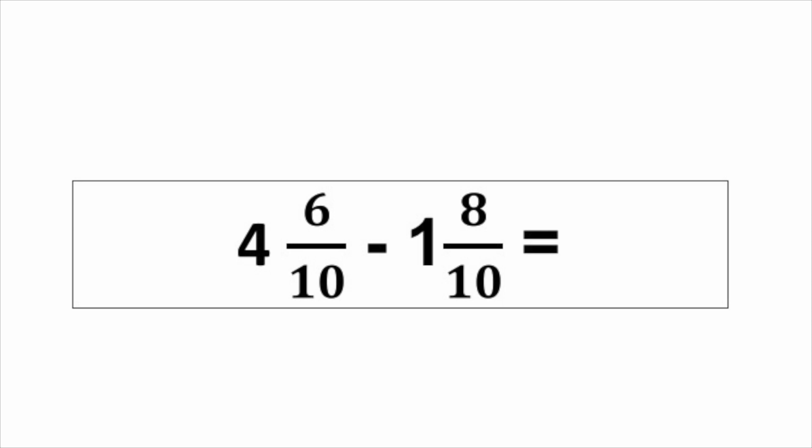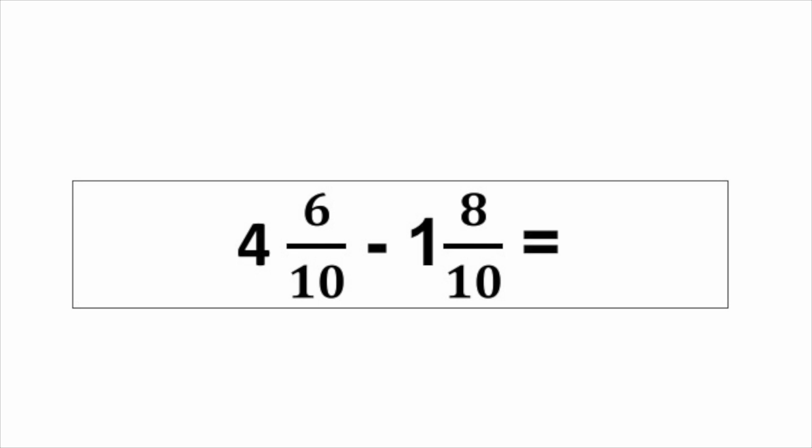Okay, guys, so this time we have 2 whole numbers. Let's do the whole number calculation first. 4 minus 1 equals 3, okay? So we've got 3 whole numbers. But then 6 over 10 minus 8 over 10. What do you notice? We have to take more 8 away from 6.